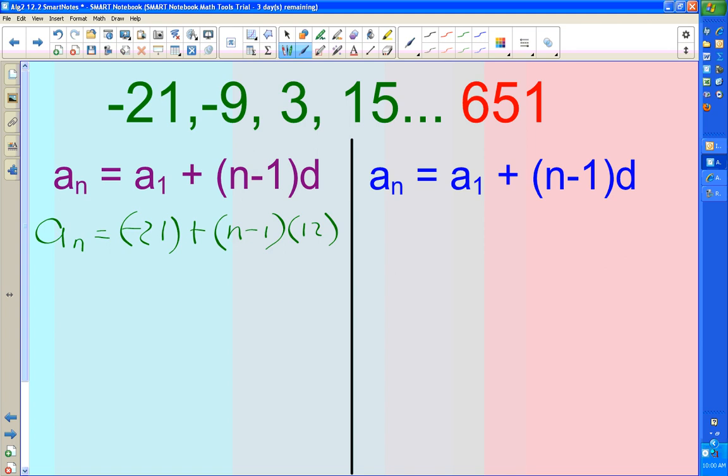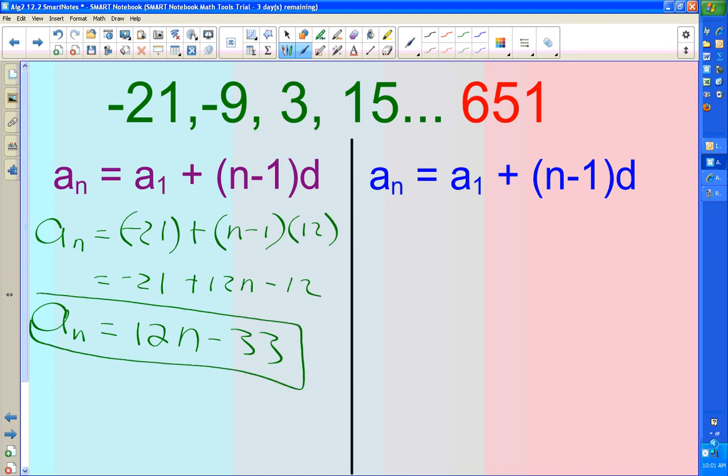I don't know if anyone made it here and got a negative value instead of a positive. So when we simplify negative 21 plus 12n minus 12, how did it simplify, Ellie? A sub n equals 12n minus 33. Yeah, and I would typically write it this way, but you won't get marked down if you do it the other way. But in Algebra 2, at this point, we should have everything in descending order. So 12n minus 33 would be the best way to write it.